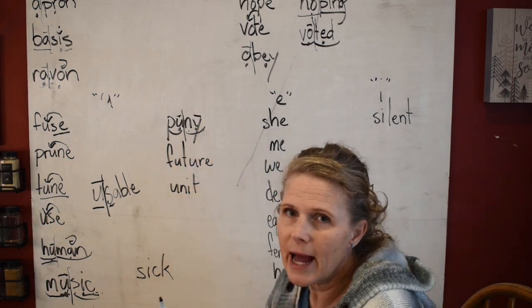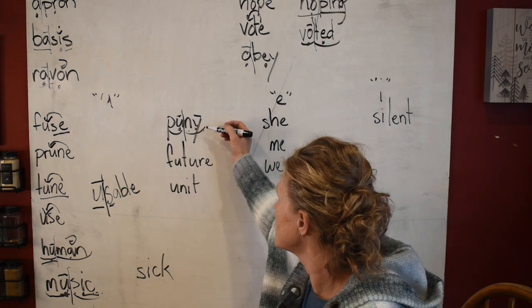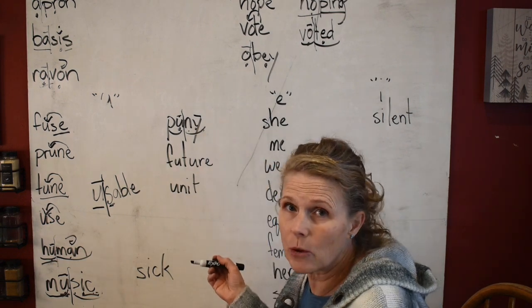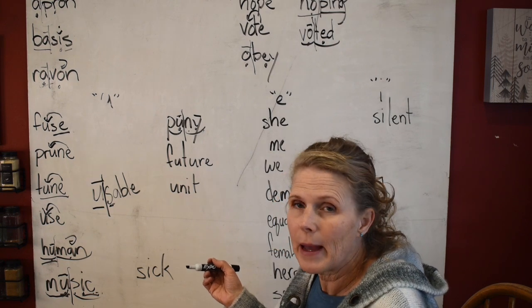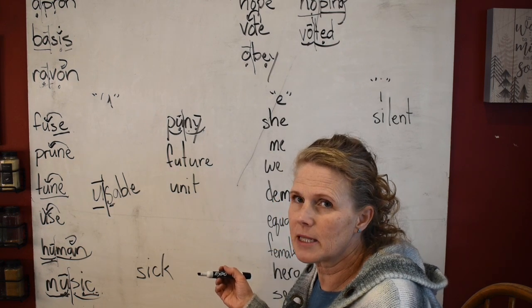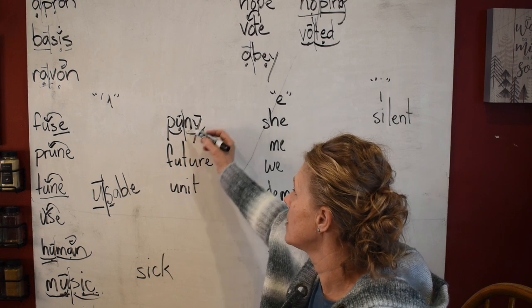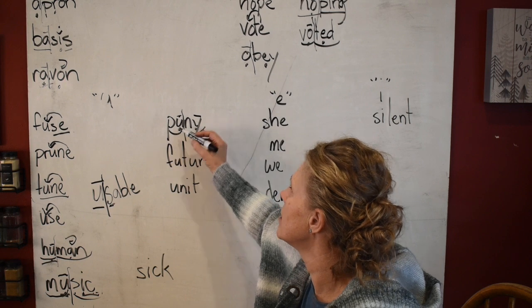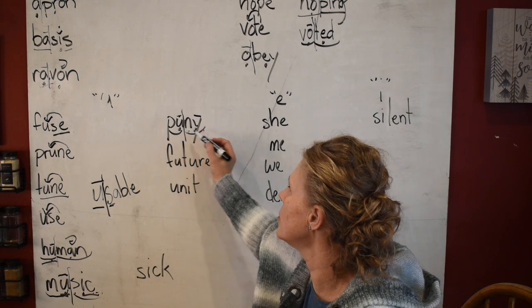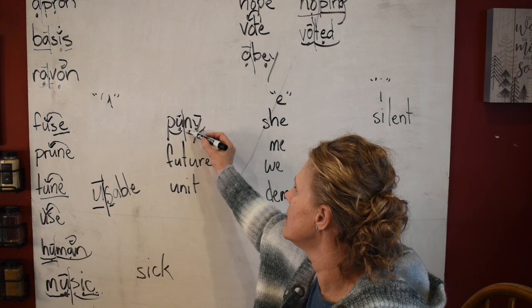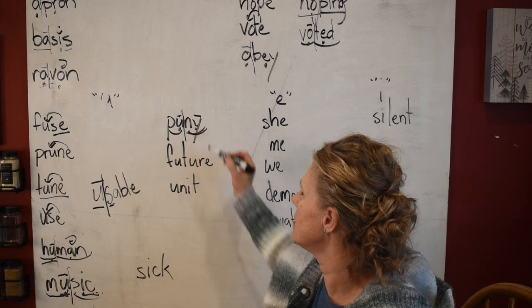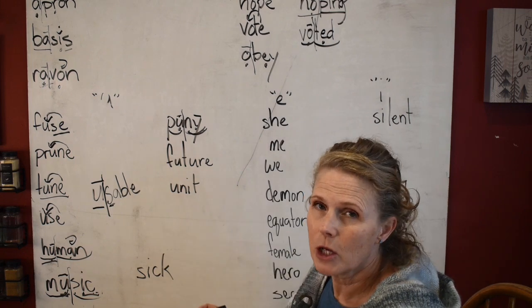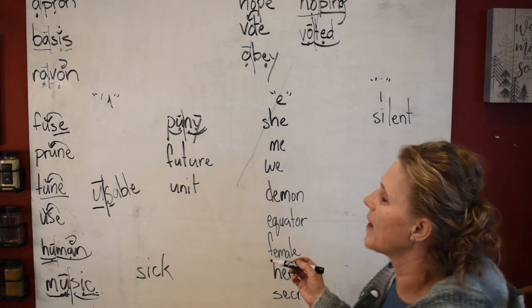Now, Y's act as vowels sometimes. Y's at the end are vowels, and they say E or I. Most of the time in multi-syllable words, they say E. And so this says E, pew, and then e, ni, puny. So that's kind of how you would break that.